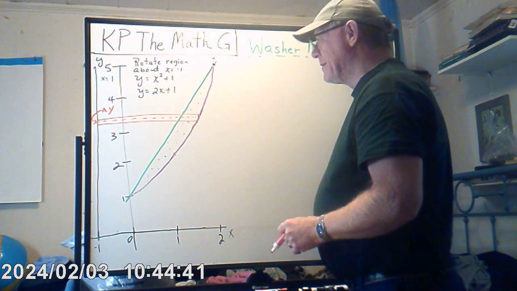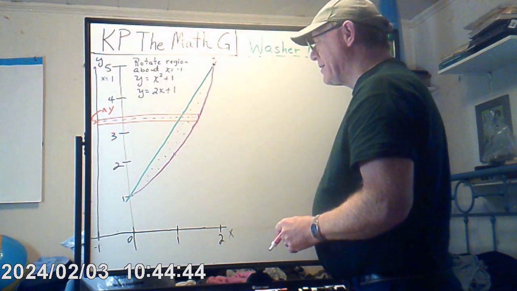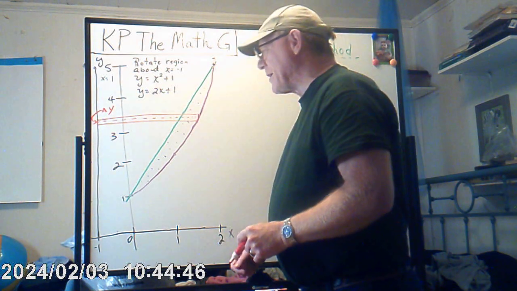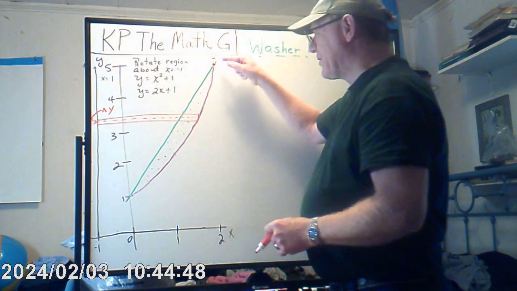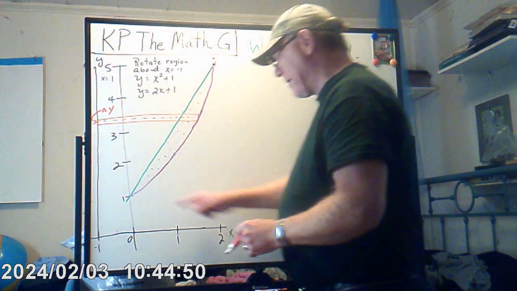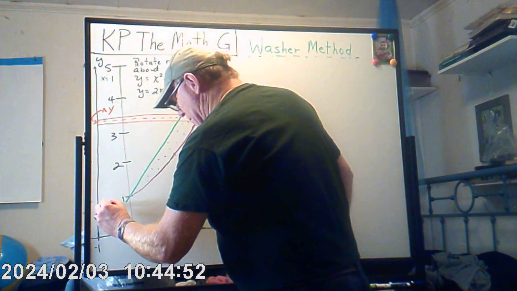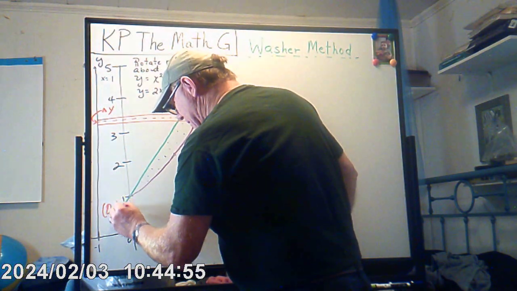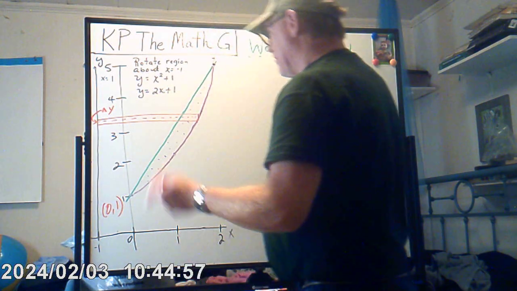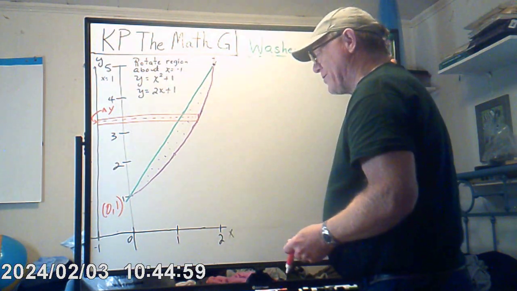Alright, and keep in mind that we need to figure out the points of intersection. Okay, we already see real quickly this is 0, 1. I'd rather just go ahead and show you what they are. I will show you how to go about doing this to find it.